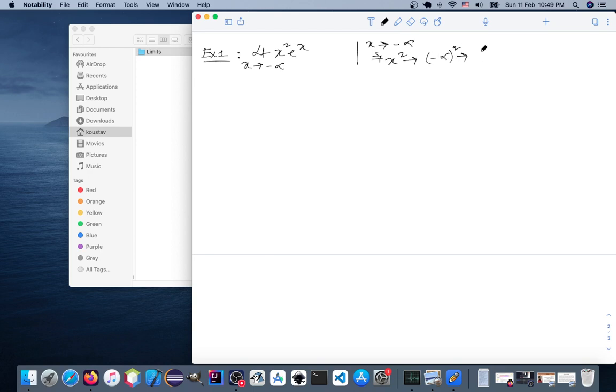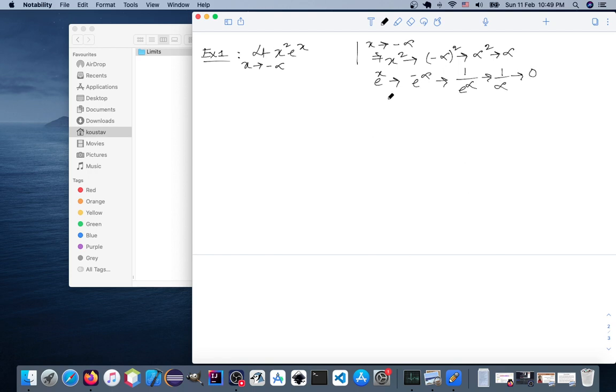This will tend to infinity square, basically infinity. And e to the power x will tend to e to the power minus infinity. This is basically 1 by e to the power infinity, and this is 1 by infinity. So this will tend to 0.